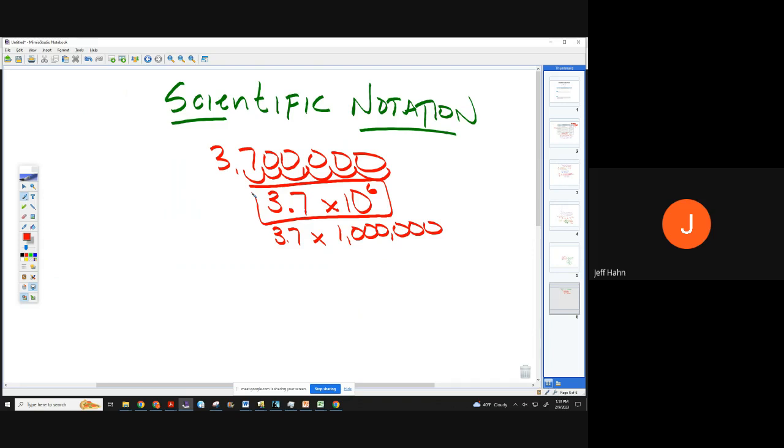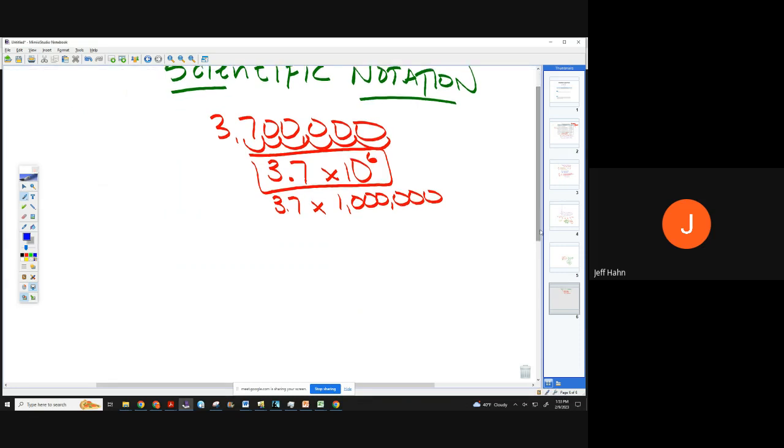What we need to work on today is, this is really big numbers. We are now forging into the really small numbers, or the really, really small decimal numbers. Okay. The same rule applies.